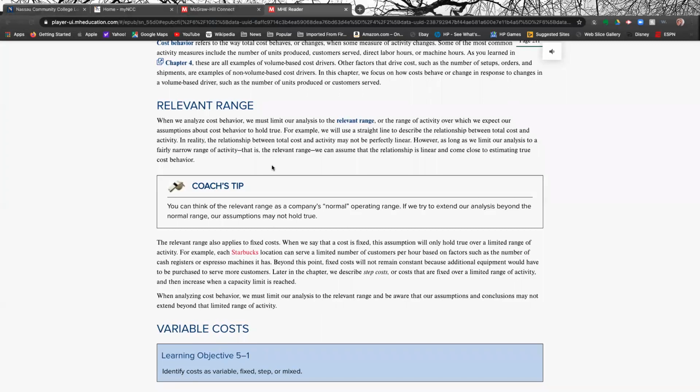So to make that 100,001st unit, you would have to drastically increase your cost because your factory just couldn't produce any more. So when you get to that extra unit, that nth unit, then all your costs behave differently. You're out of the relevant range.